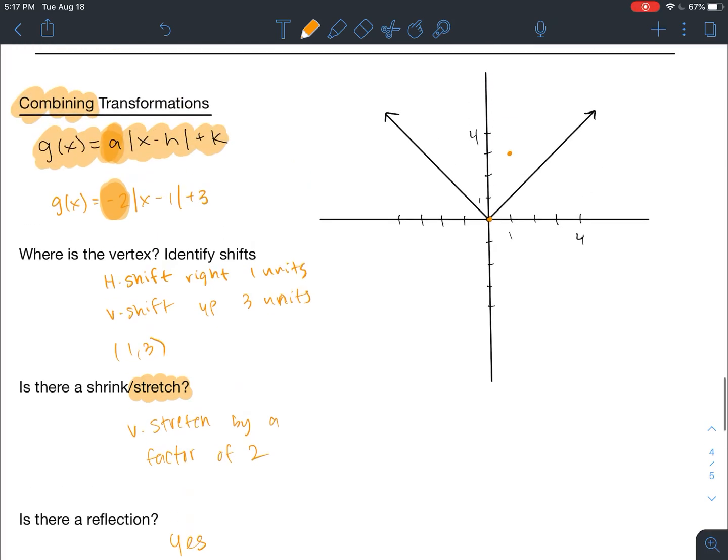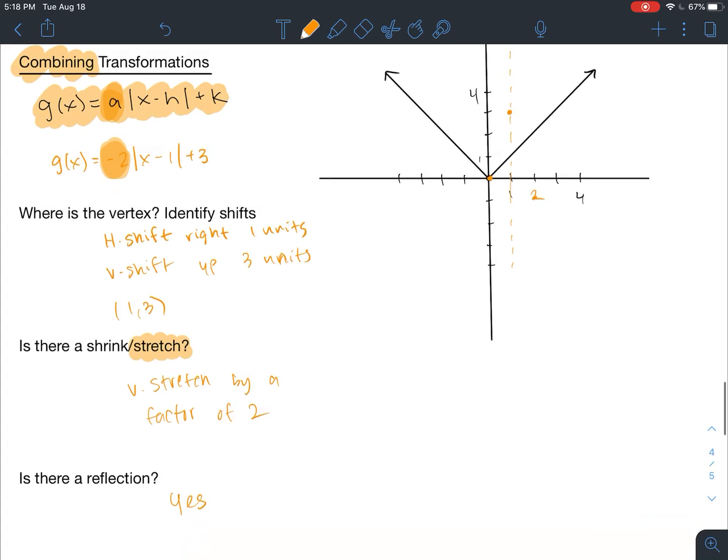Now to finish this, let's go ahead and graph points. So this line of symmetry that we have is going to happen at the vertex. So let's graph a point that happens right here, at x equals 2. So let's plug 2 into our equation. g of 2 is equal to negative 2 times the absolute value of 2 minus 1, plus 3.